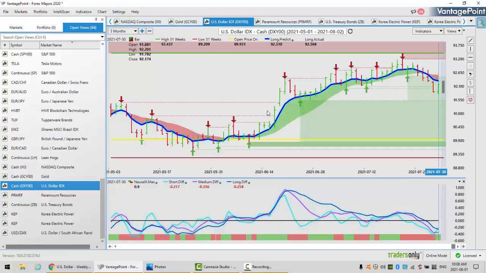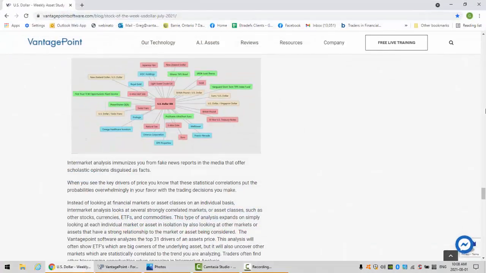Now, one of the questions I was asked last week, a very good question, is whether there is a difference between correlation and causation, or cause and effect. I think that question is answered very effectively this week in the VantagePoint article on the US dollar index. So I will read a quick excerpt from that, which I believe answers that question better than I could have.